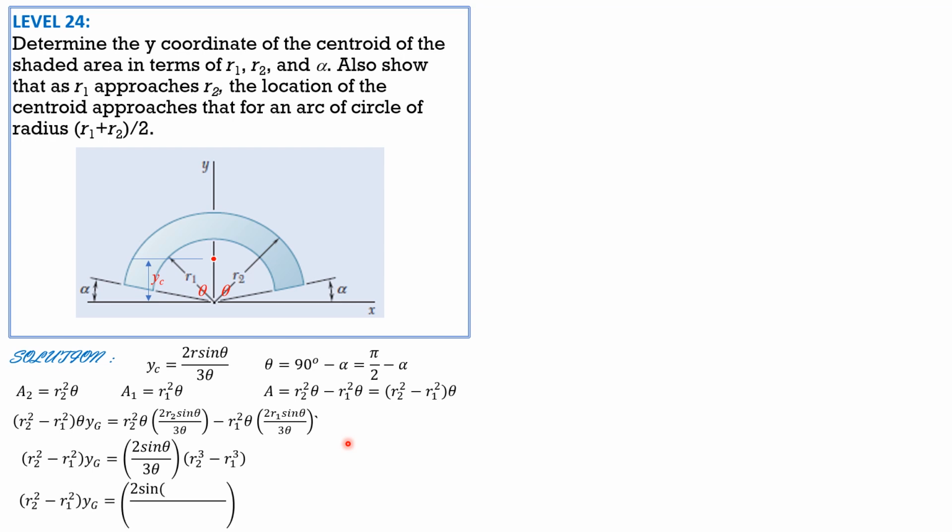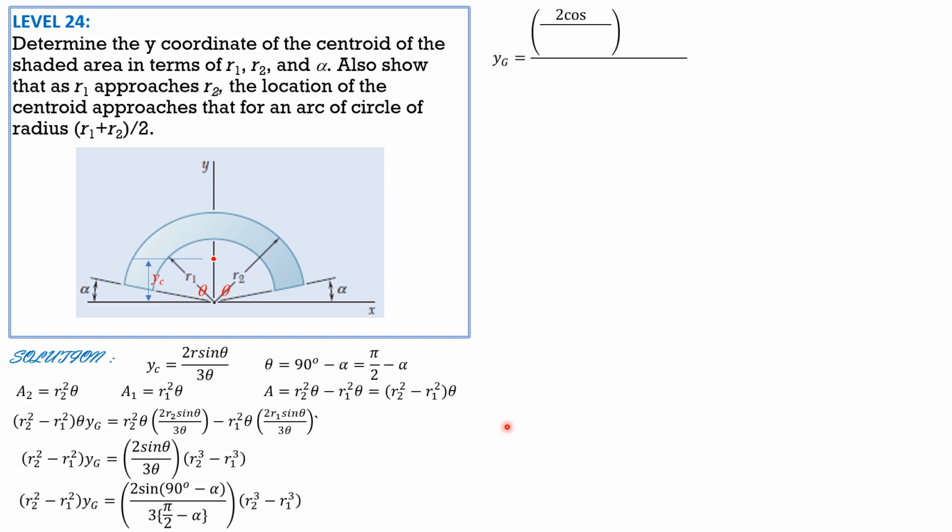So the quantity R2 squared minus R1 squared times yg equals 2 sine of 90 degrees minus alpha over 3 times pi over 2 minus alpha, times R2 cubed minus R1 cubed. Take note that sine of 90 degrees minus alpha is cosine of alpha.